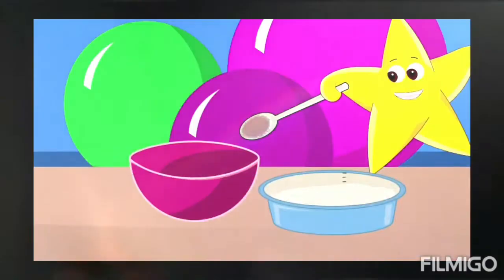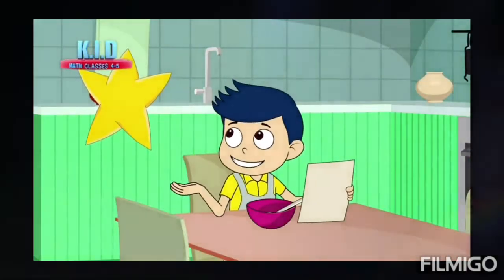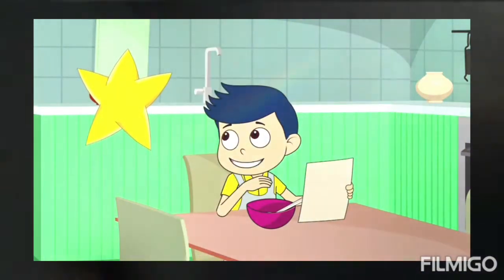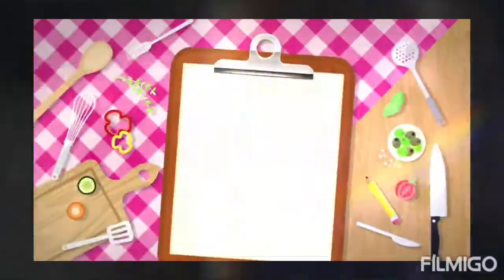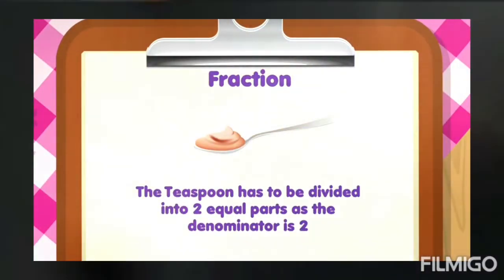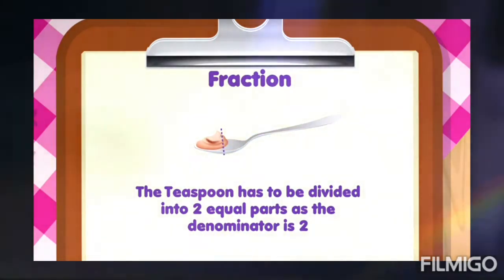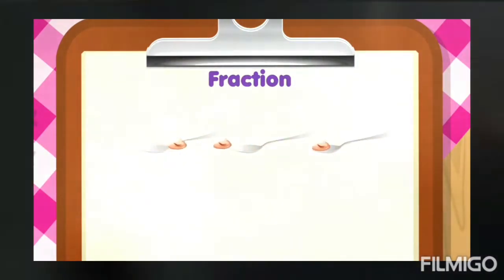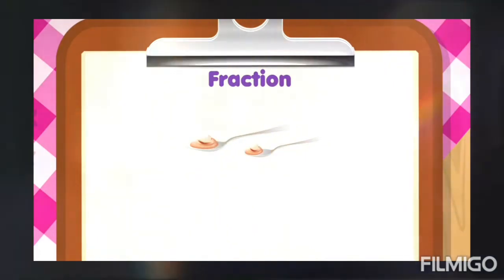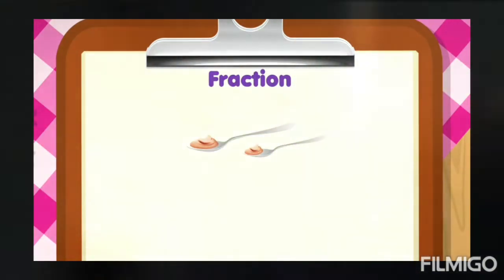3 upon 2 spoons of vanilla essence would mean... You said it is an improper fraction as the numerator is bigger than the denominator. Correct. The teaspoon has to be divided into 2 equal parts as the denominator is 2. And 3 such parts would mean 1 teaspoon full and another half of the teaspoon to be used in the cake.